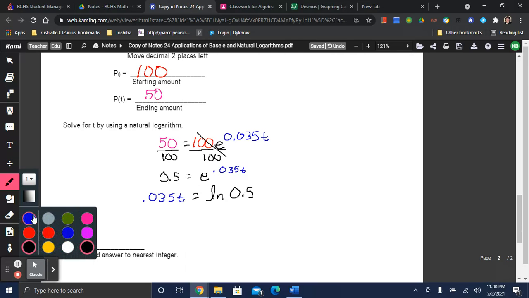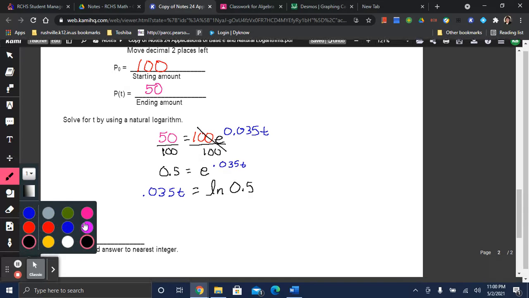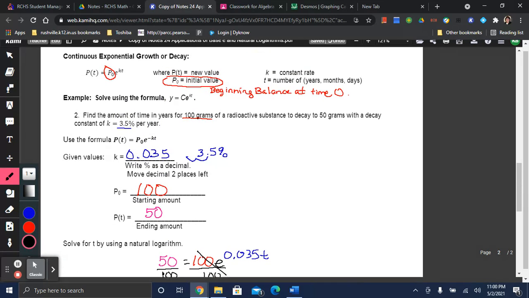And so one thing I failed to notice, and I just realized this, is that our formula has a negative in that exponent. So I should have put a negative right here as I was calculating this.